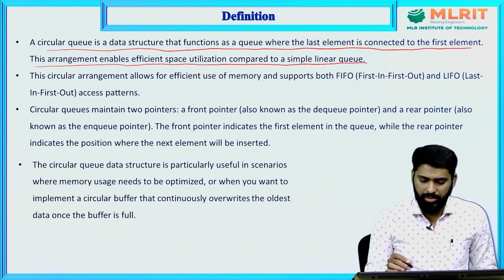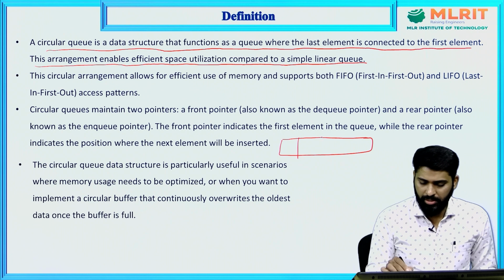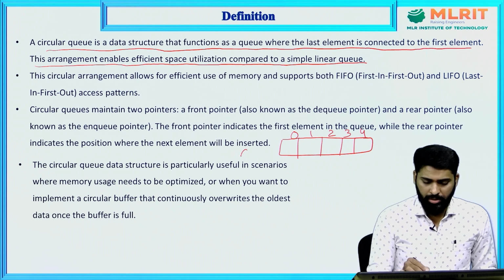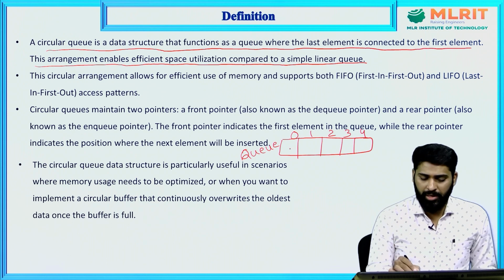For example, consider this queue. Let us assume the size is 5, with indices 0, 1, 2, 3, 4. This is the name of the array, queue. Now I want to insert the element 10, then 20, 30, 40, 50.